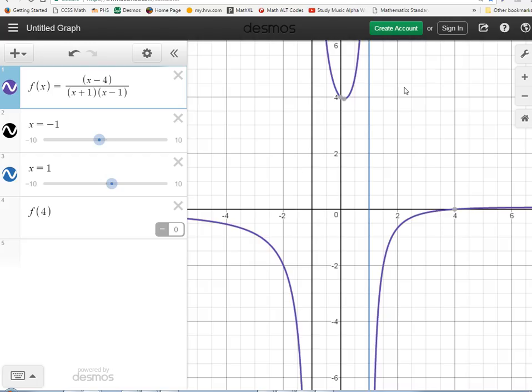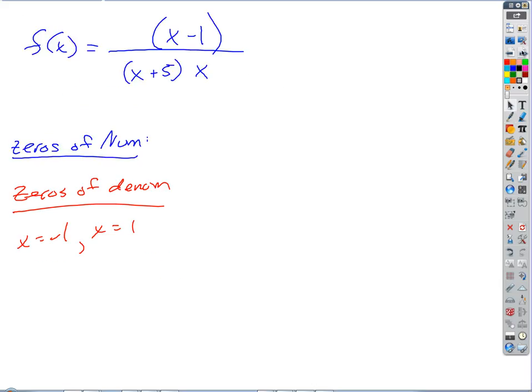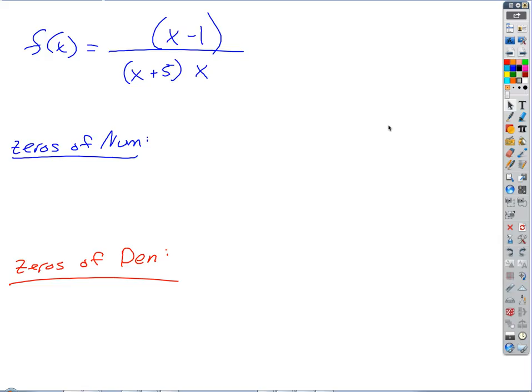Okay. Well, I'm about to throw you a weird curveball here then. What about something like that? Let's make a prediction. Where are the zeros of the numerator? This one's going to be okay. So 1. So we should expect to have an x-intercept there, right?